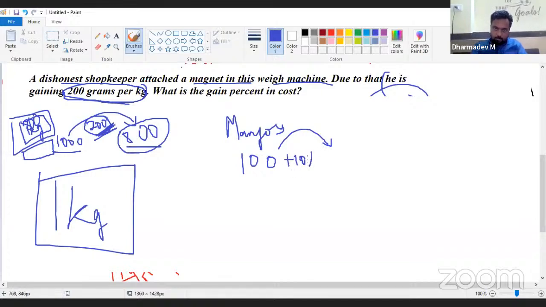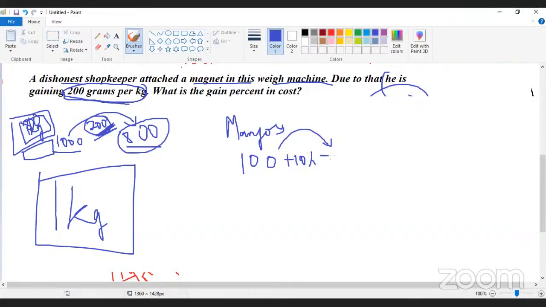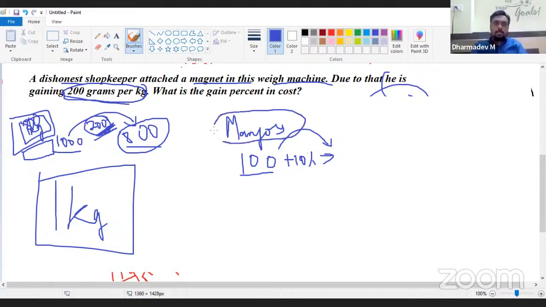So what could be the profit of the somebody who bought the mangoes for 100 rupees? For 100 rupees, he is selling it for 10% profit. So his profit is 10%.